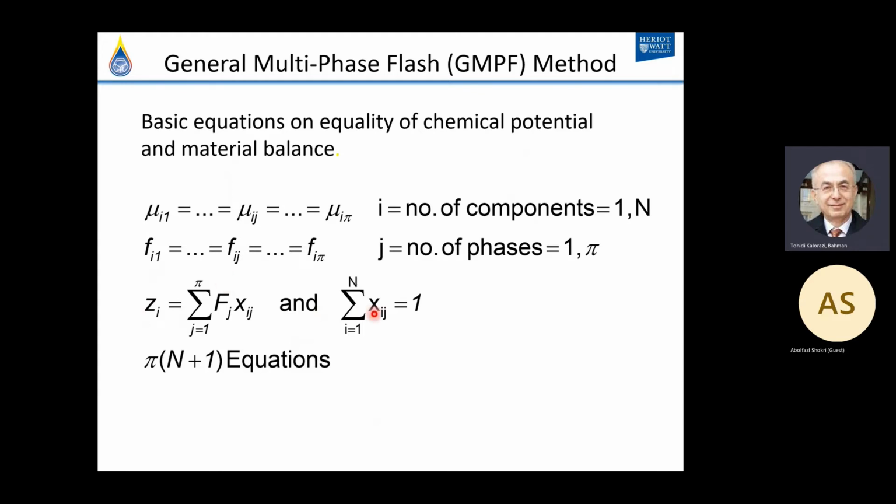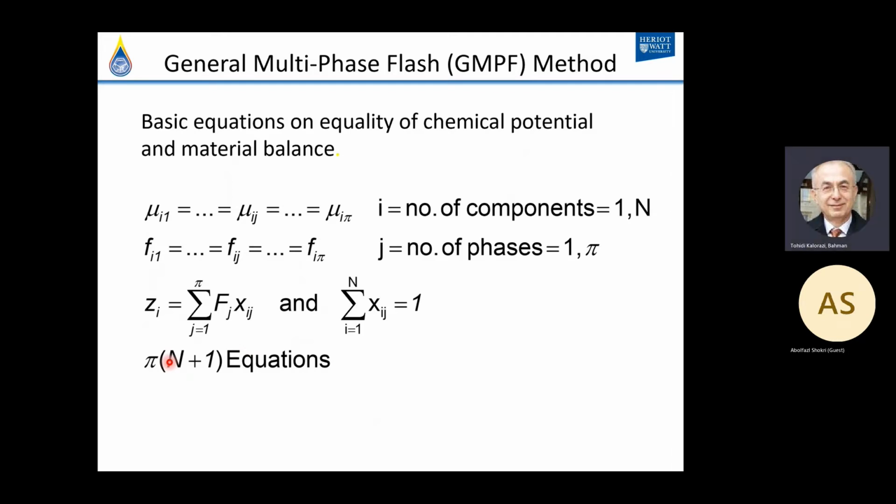But in each phase, we also have a material balance: the mole fractions of each compound in each phase should sum to 1. From these two and the equality of fugacity, we will end up with the number of phases multiplied by the number of components, plus 1, equations.